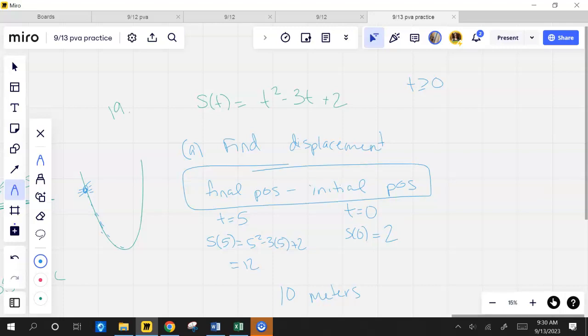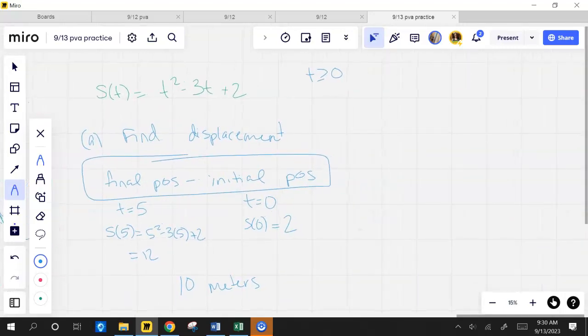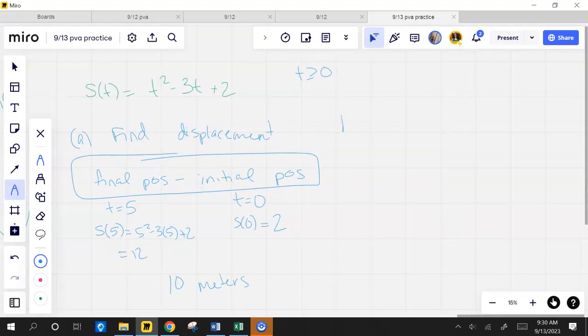All right. Part B. Find the average velocity of the first 5 seconds. Okay, but here's the thing. I think this is on your little green sheet. Average velocity whenever I only have, so you don't know that second one. X of t is the same thing as S of t.